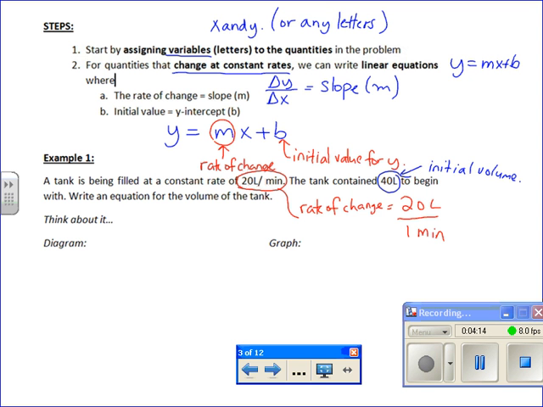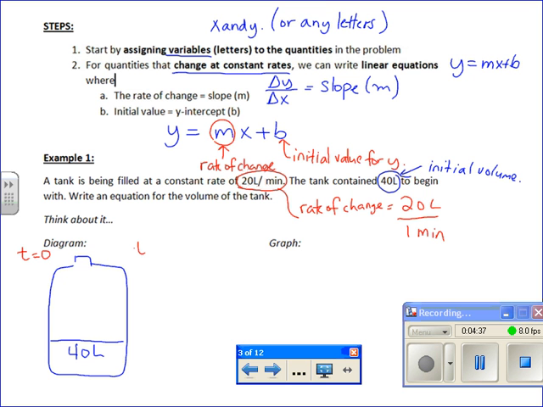We have a constant rate of change. So if I started off with my tank, let me draw a tank, if I started off with 40 liters in my tank, there's my initial amount. This is at t equal to 0, 40 liters. This is my initial amount.